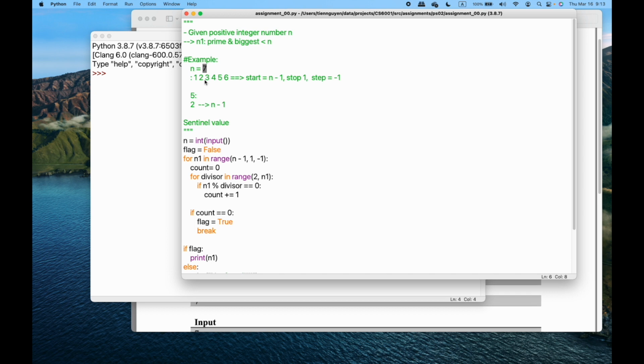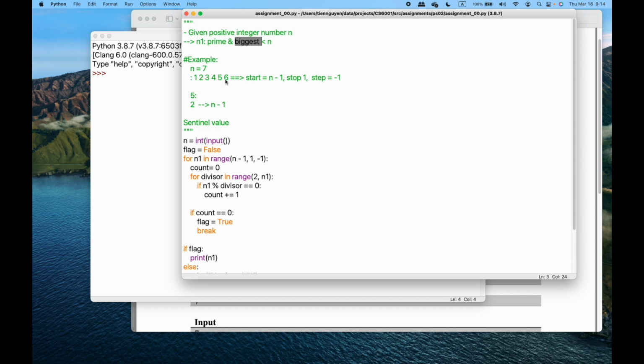But it's not a good way, because if you think about the opposite direction, going from 6 down to 1, the first prime number you hit, 5, must be the biggest one. Because we want to find the biggest one, we need to move from the bigger to the smaller numbers.